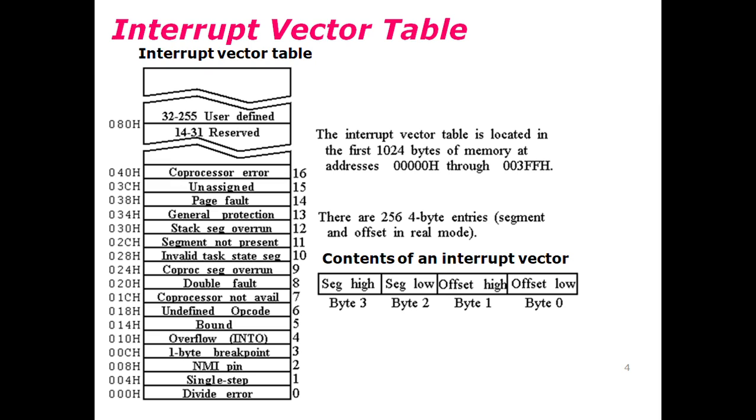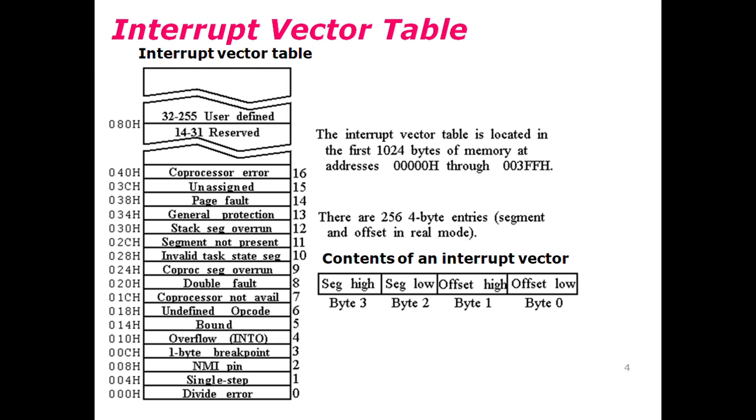the offset address to provide the new content of the instruction pointer and the new content of the code segment. Just like that, here we have 4 bytes of data. So this 4-byte value has 2 bytes of the offset address, which is the new content of the instruction pointer, and 2 bytes of this vector represent the starting address of the code segment.